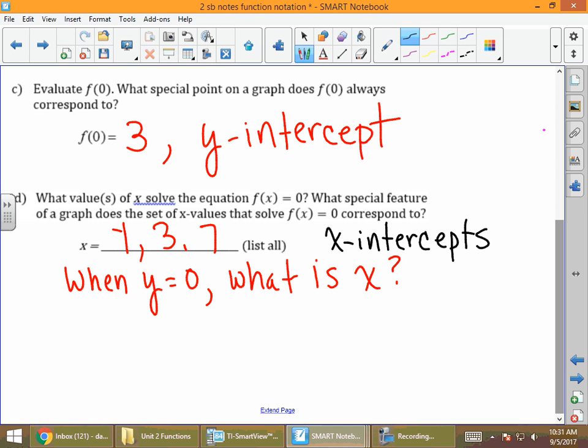Where does the graph cross the x-axis? So now let's try one after having seen one and see if we can apply it, because that might have been the first time that you have done those kind of things.